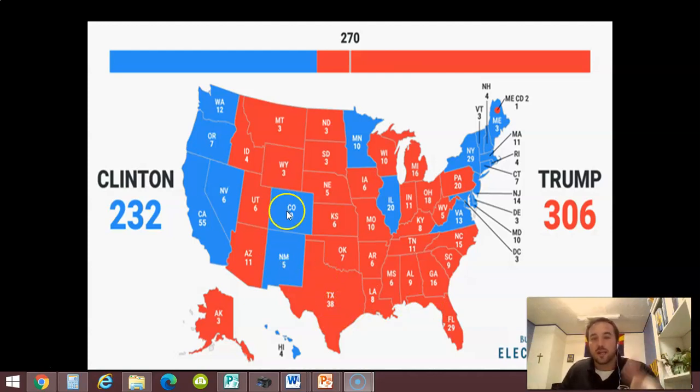The blue states went towards Hillary Clinton in 2016. Again, in your state, whoever votes more for the presidential candidate, that's who wins. In Arizona in 2016, more people voted for President Trump than for Hillary Clinton, which is why all 11 Electoral College votes went towards President Trump.